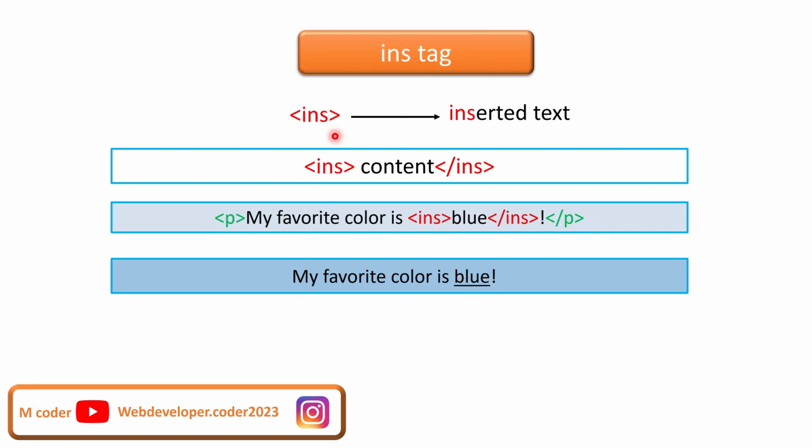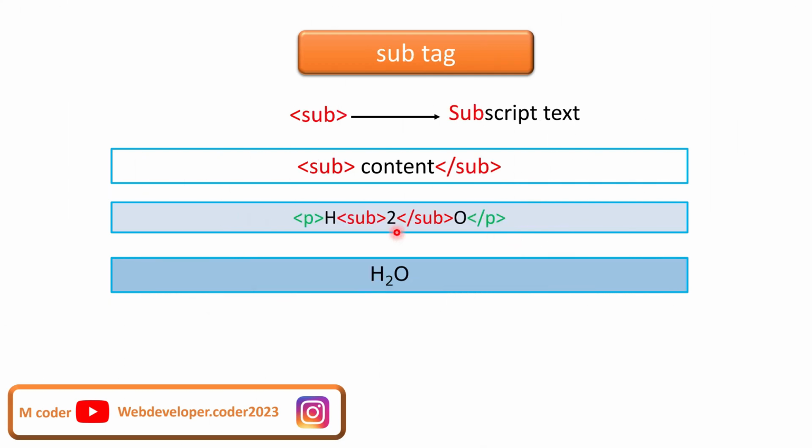The next element is ins, which stands for inserted text. We write the desired text between open and closing ins tags, and its output is underlined under the text written inside this tag. The next element is sub, which stands for subscript text.